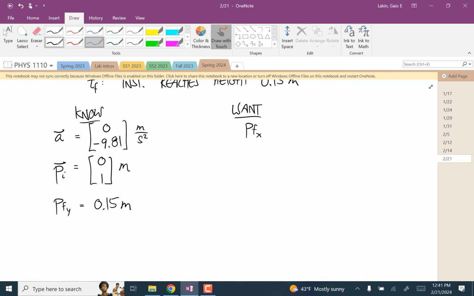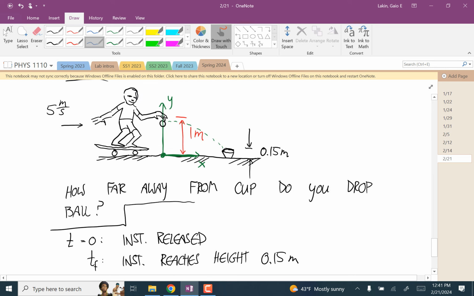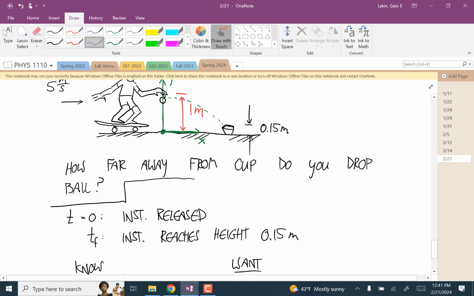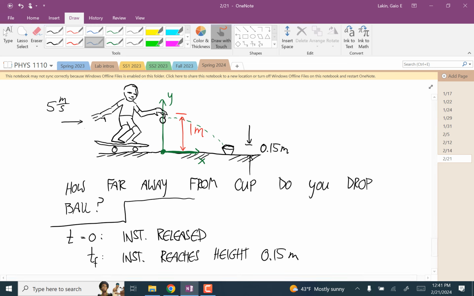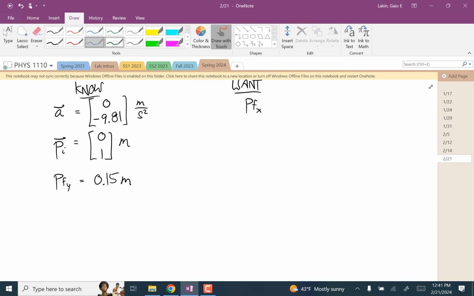Okay, what about the initial velocity? Do we know the velocity of the ball at the instant it's released? It's the same velocity as the skateboard. So what's the velocity of the skateboard? Remember that you can think of it like this. Here's your coordinate system, and now put the tail of the vector at the origin.